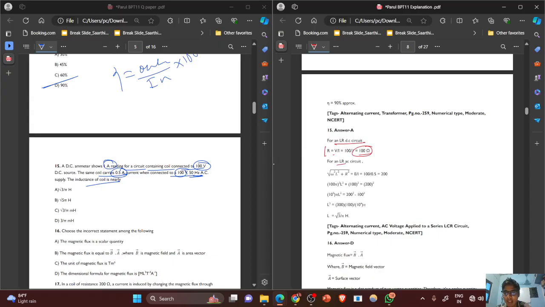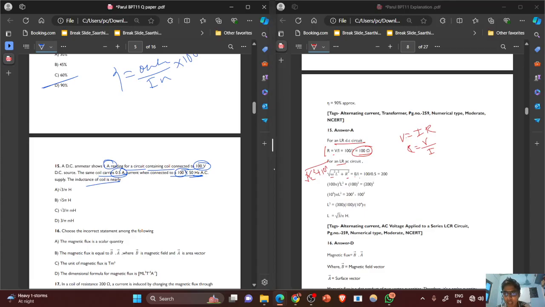For the DC case, V equals IR, so R equals V by I. For the LR circuit with AC, the net impedance is given by under root of XL square plus R square, which is simply E by I. E is given as 100 volt and I is given as 0.5 ampere in this question.